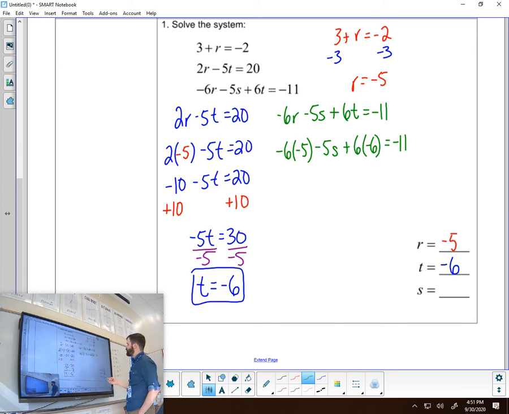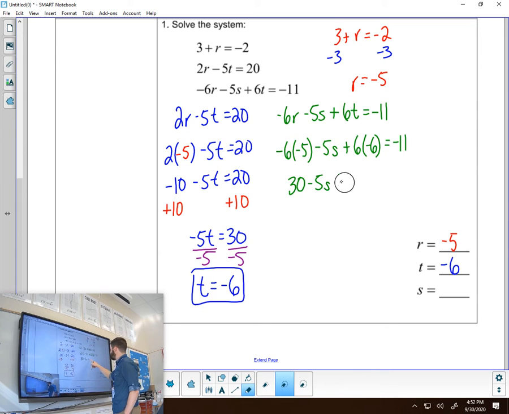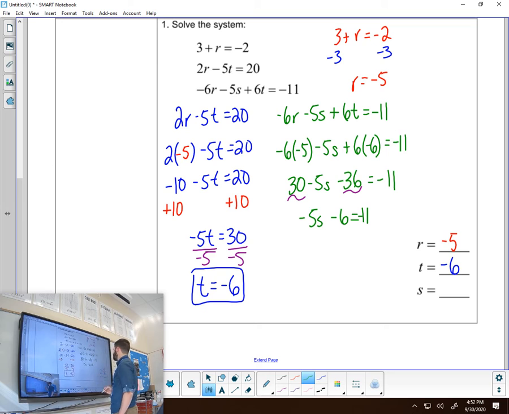Then we're just going to multiply, combine like terms, and solve. So -6 times -5 is a positive 30. 6 times -6 is going to be a negative 36. Then let's combine like terms. 30 and -36 make -6, and equal -11.